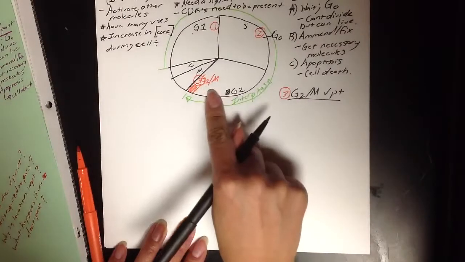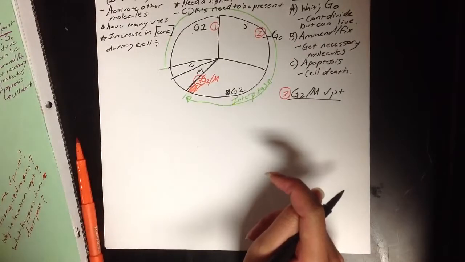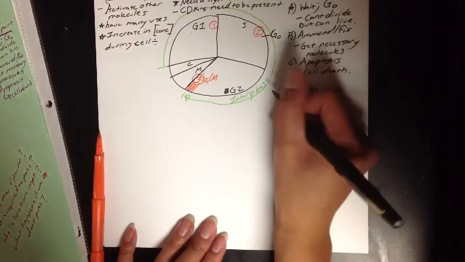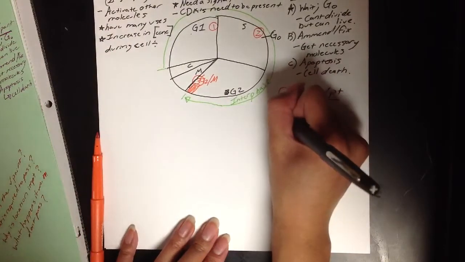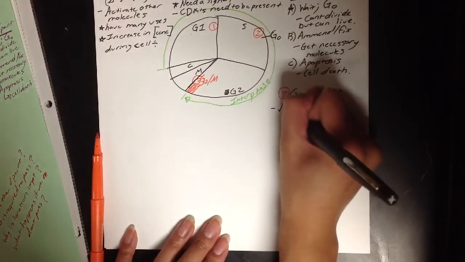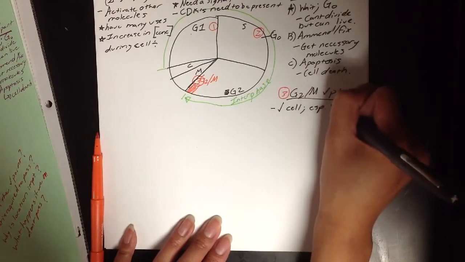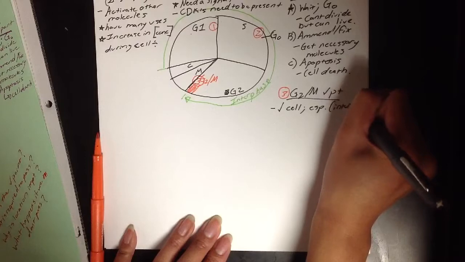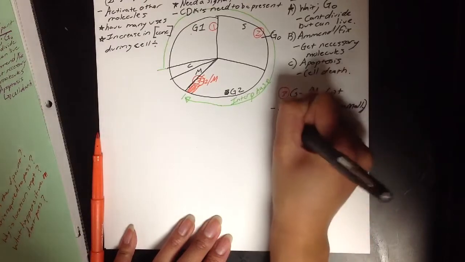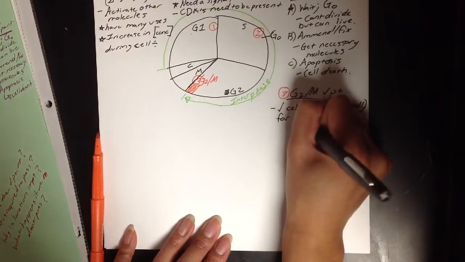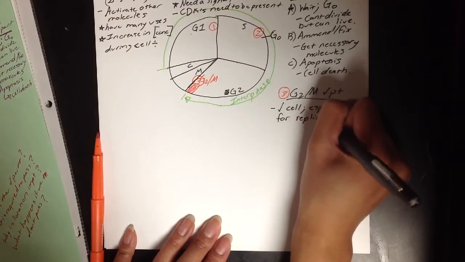At the G2M checkpoint, what we're going to do is check the cell, especially internally, for replication accuracy.